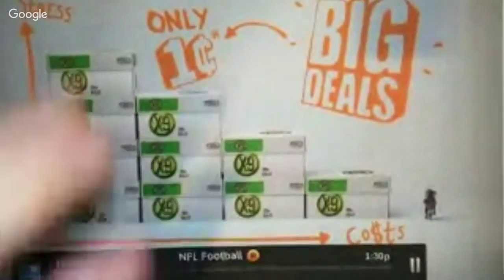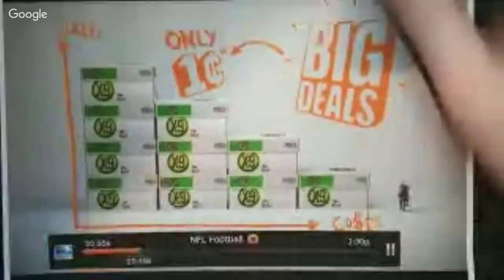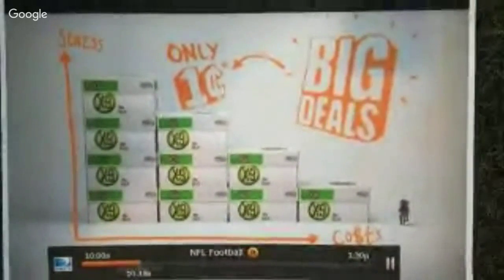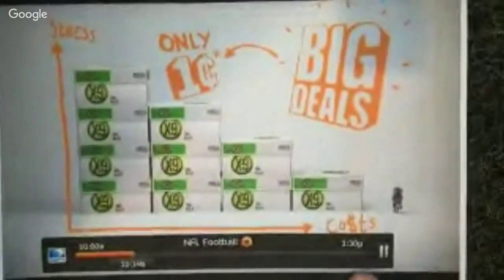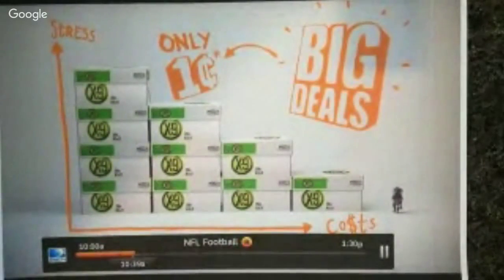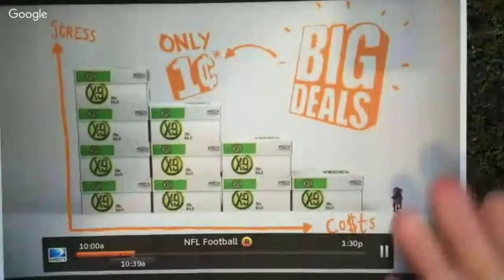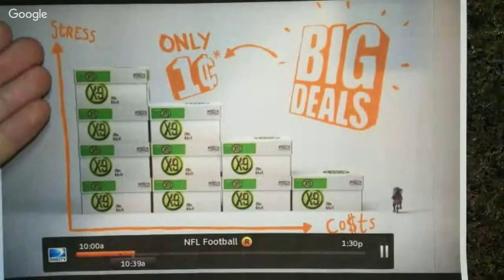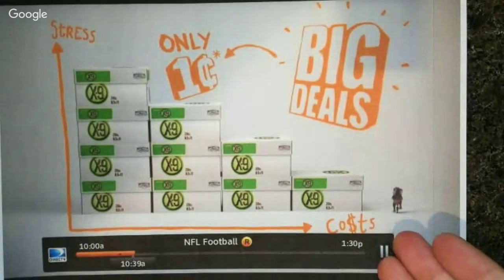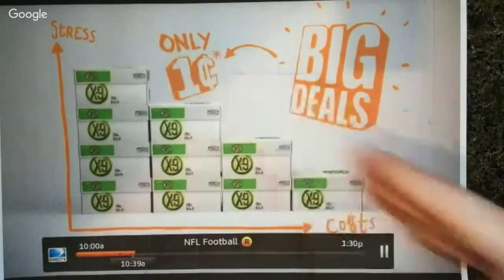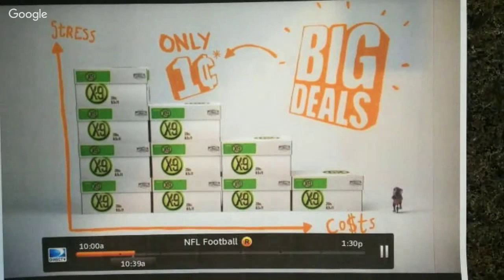This is an actual television ad that was on TV that someone paid lots of money for, and it's wrong. It is absolutely wrong. Now, I understand what they're saying. I see stress up here, and I see cost down here. And when I look at this, I go, yeah, it looks like the stress is going down because Office Max has these $1 sales or 1 cent sales, whatever's going on.